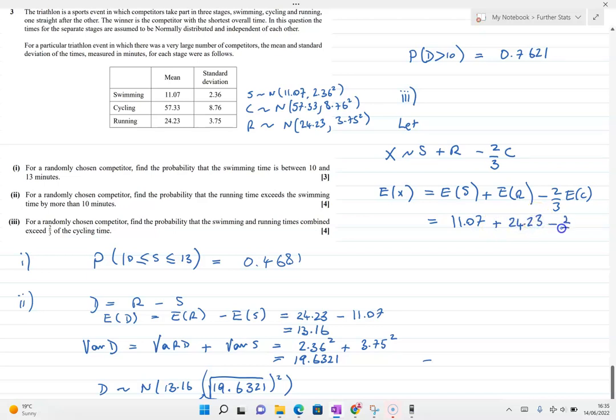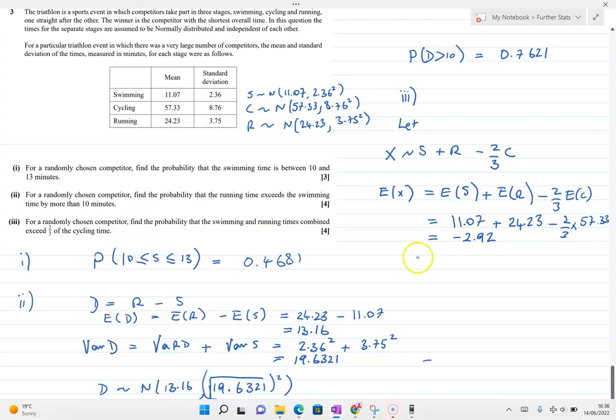Take away 2/3 times the 57.33. Okay, and that comes to minus 2.92. Okay, so that's the mean of this distribution X.